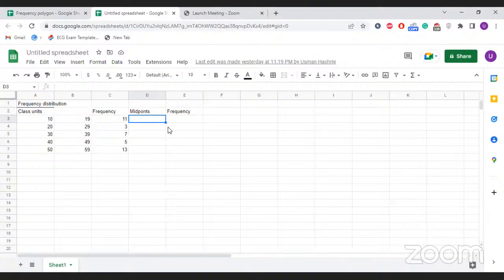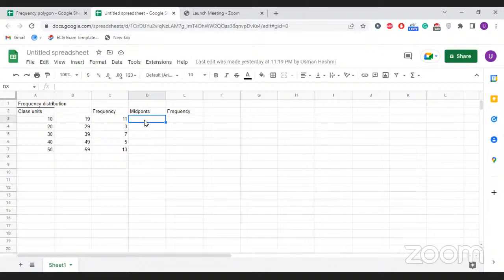My colleague Dr. Isra talked in detail about how to calculate the class interval, so I'm not going into detail. I'm just telling you that I have put the data into class intervals, like 10 to 19, then 20 to 29, then 30 to 39, and then 40 to 49. This is the minimum value, this one is the maximum value, and this one is showing the frequency.